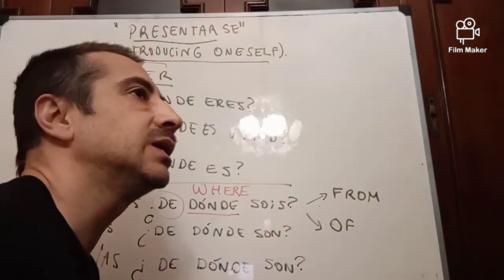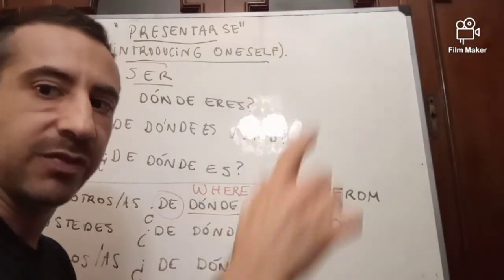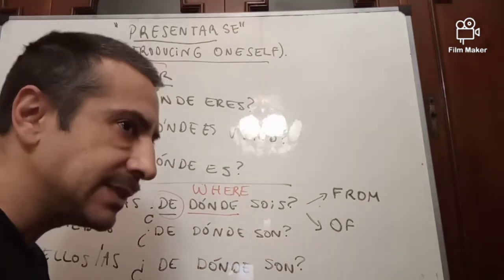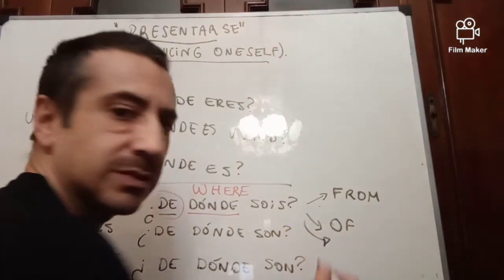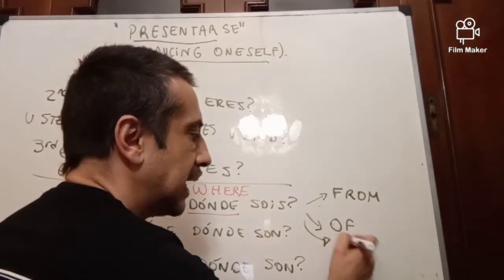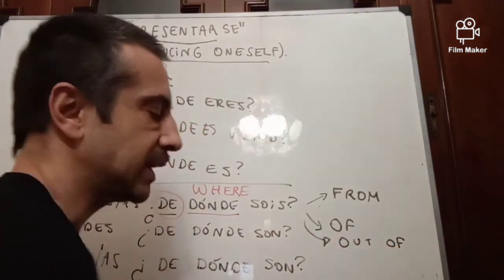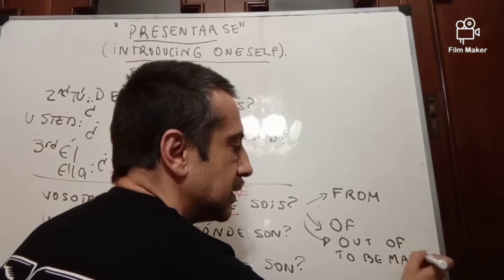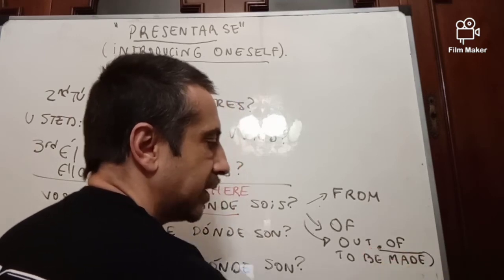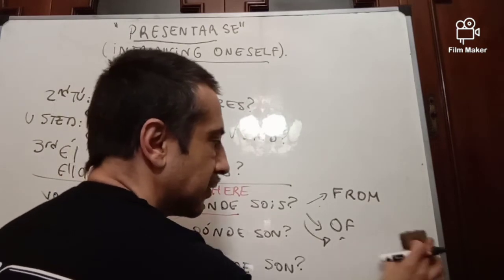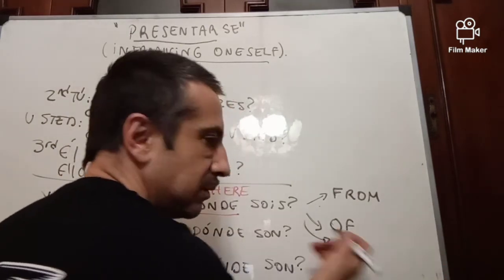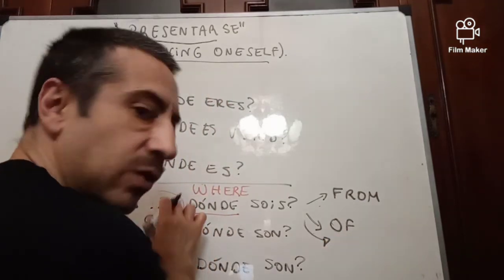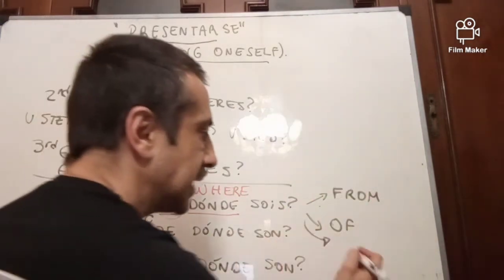For example, the name of the book, el nombre del libro. And it's a very common translation too, "out of," to be made out of. I'm going to write it in the correct order because it'll be a mess otherwise. With only this preposition, we mean all that.